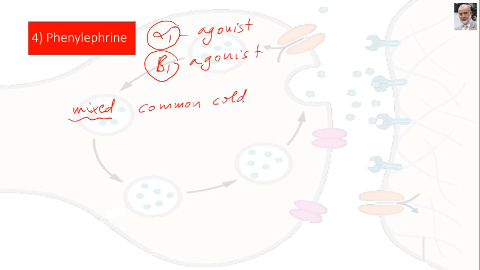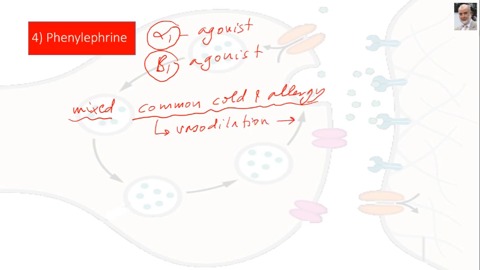and allergy. Why? Usually in an allergic reaction of the nose, and in a common cold, there is vasodilatation. This vasodilatation will result in congestion of the nose.